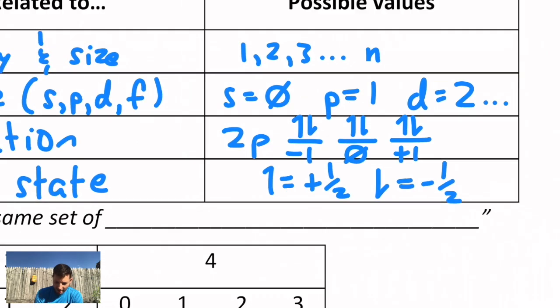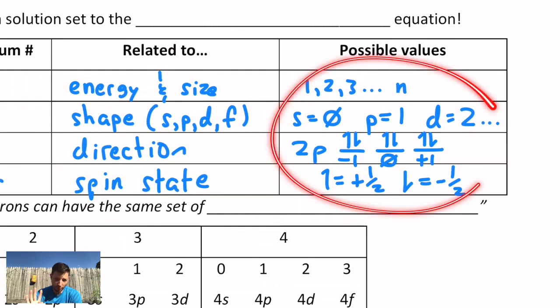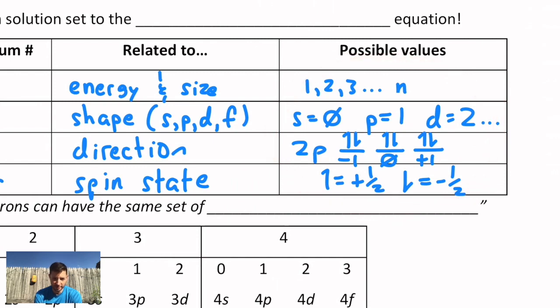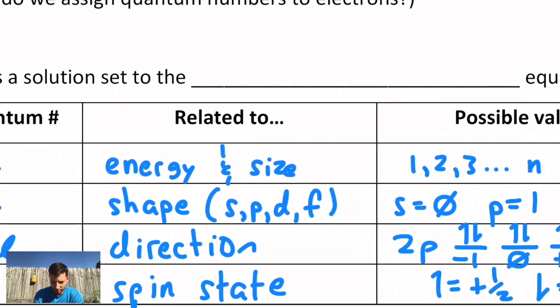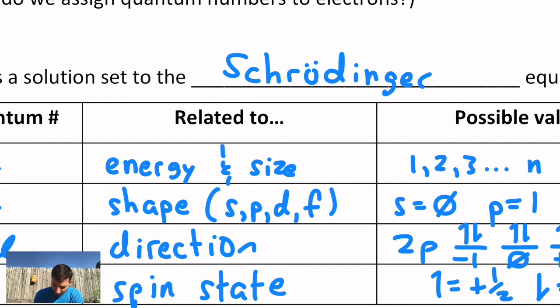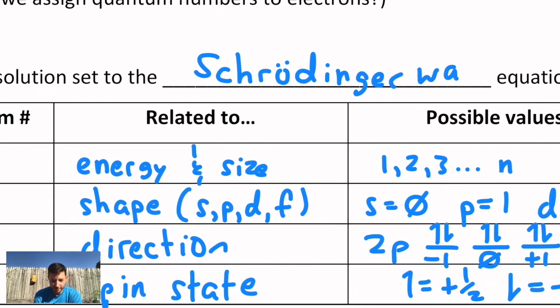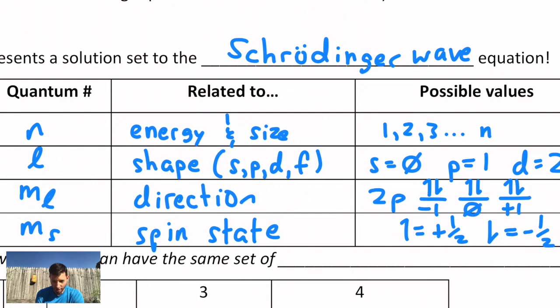And if you combine a set of quantum numbers, there's 4 for every single electron in an atom, you get a solution set to the Schrödinger equation. That's what these are. I'm not going to go into the mathematics of the Schrödinger wave equation, but it's very highly studied, and there's a lot of research about it, and it essentially is a solution set. A mathematical solution set is what the quantum numbers are.